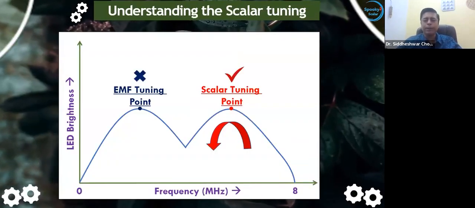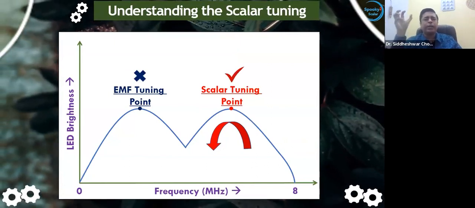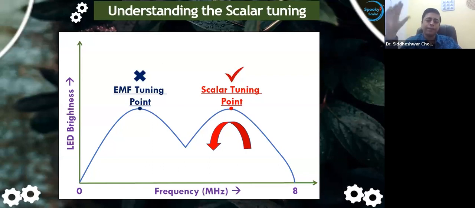So what is the tuning? As I said, you are turning the knob anti-clockwise, as visible in the diagram. The moment you turn on the device, you will see the frequency of 8 megahertz. Turn the knob anti-clockwise, and the first brightest point is the scalar tuning point. There is a caution here.